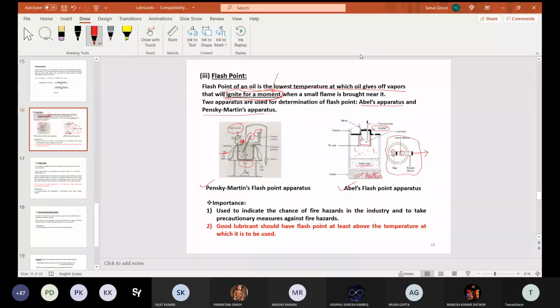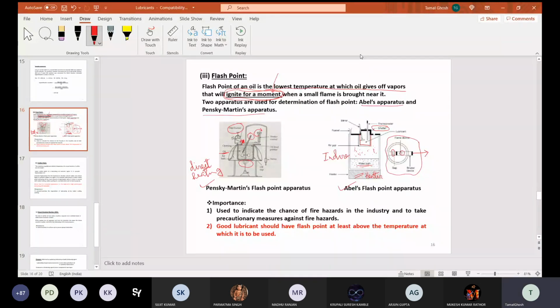The most important difference is that in the case of Pensky-Martin, the oil is heated directly. And in the case of Abel's apparatus, it is indirect heating.